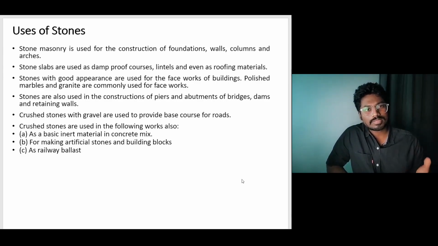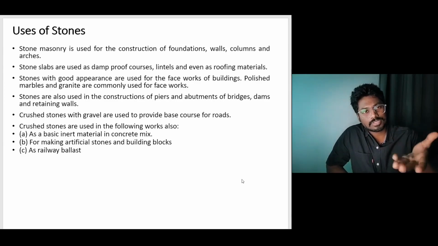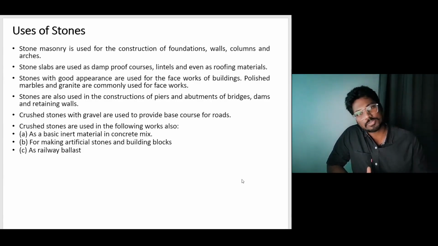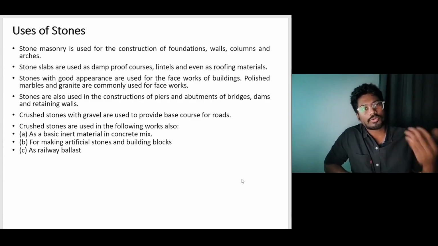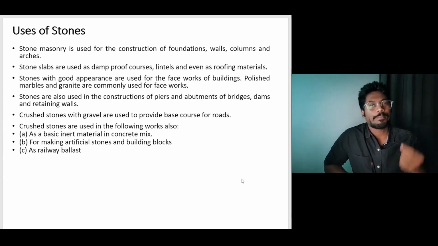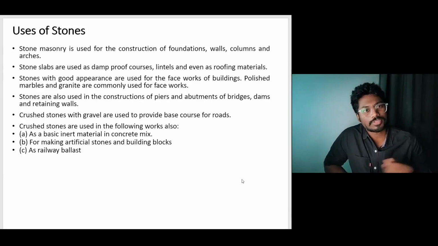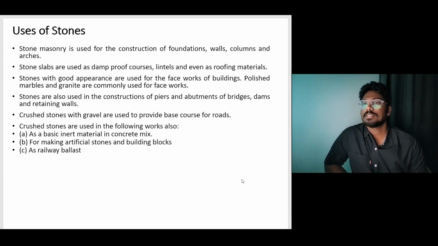Now the idea of ballast is to properly transmit the load from the track to the sleeper to the ballast and through to the subgrade of the soil. So stone is used as a course to transmit the loads from the topmost layer to the bottommost layer. Similarly, stones are also used as a base course for roads in order to transmit the loads that are happening by virtue of the oncoming or ongoing traffic.